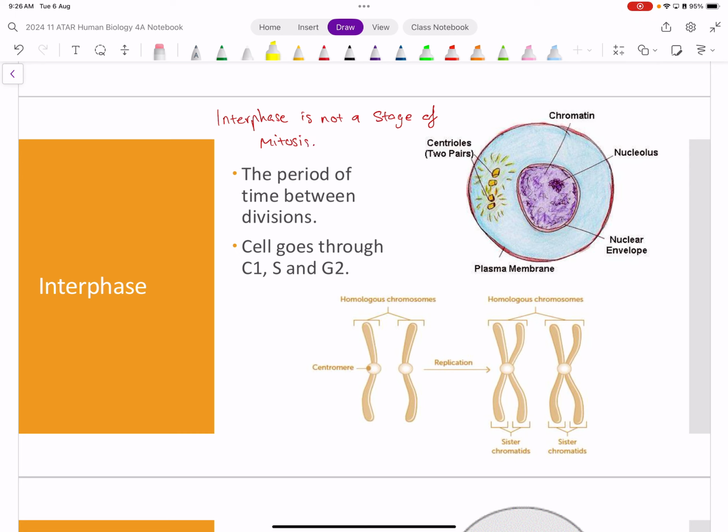I'm going to highlight it again. So interphase is not a stage of mitosis. It is simply, again, that period of time between cellular divisions where we go from our growth phase 1, apologies, that's a typo on my slide there. So growth phase 1, our synthesis phase, and growth phase 2.